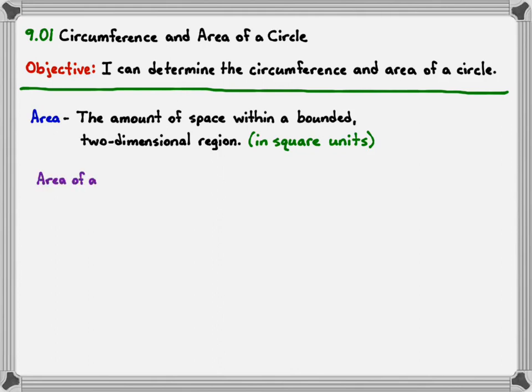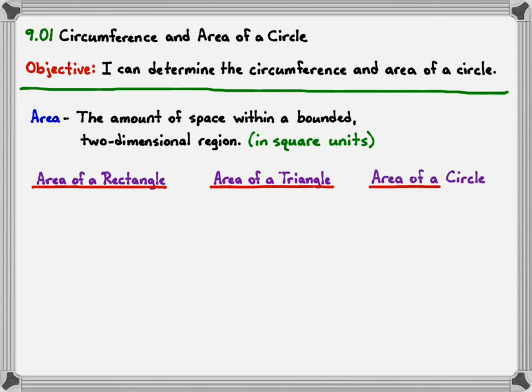Quick review of things: the area of a rectangle, the area of a triangle, and the area of a circle. Remember, the area of a rectangle is base times height. Now, why is that? Because if we take this rectangle and we cut it into a certain amount of units, let's say that we cut it so that it's 4 wide, and let's say that it's 3 tall.